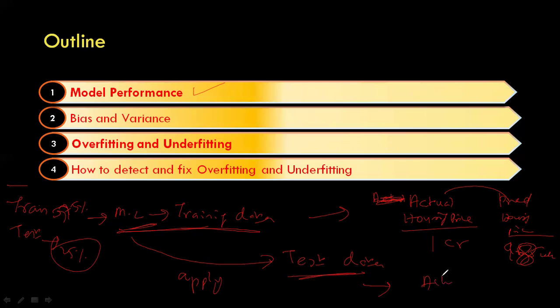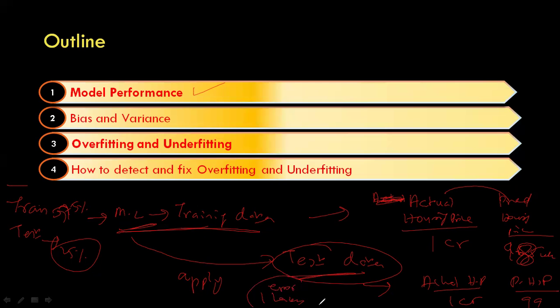Actual housing price and predicted housing price: 1 crore and 99 lakhs. So how do you find the test data error? Actual minus predicted. So 1 lakh is the error.